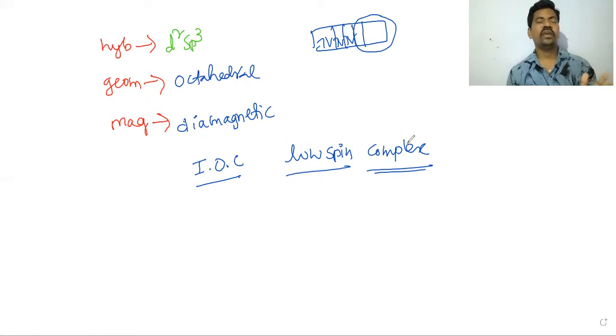If the electrons are not paired, outer orbitals will be used, so the hybridization will be sp3d2, the geometry octahedral, an outer orbital, high spin complex, as there are unpaired electrons. This is the VBT trick for coordination complex compounds.